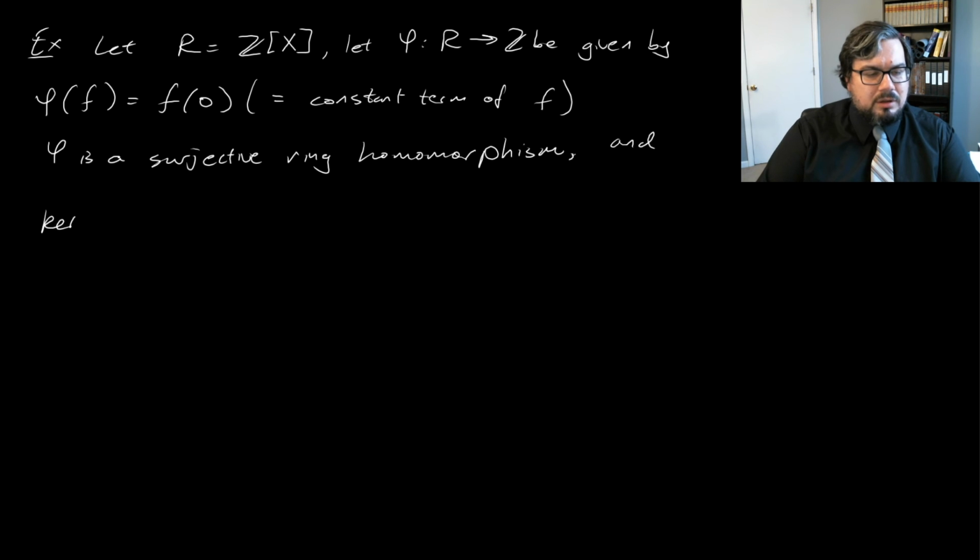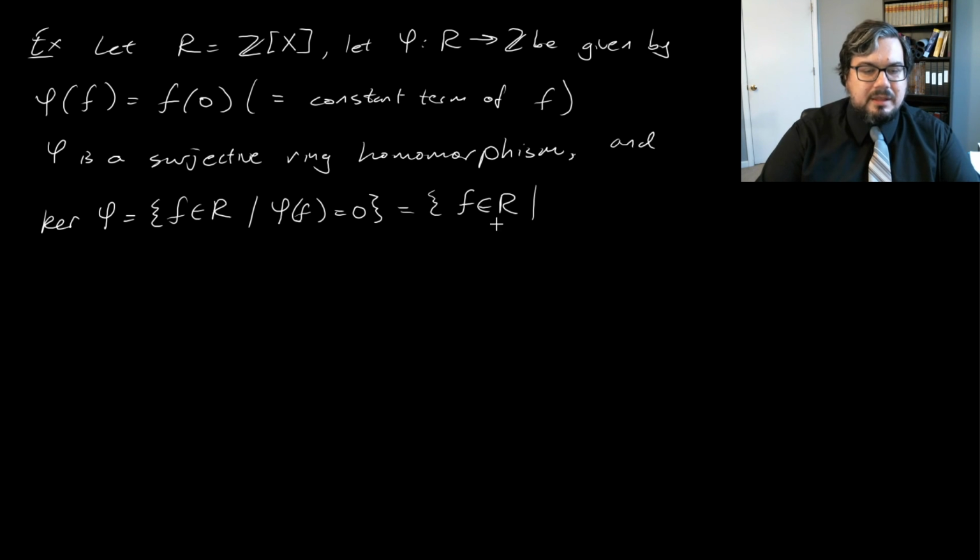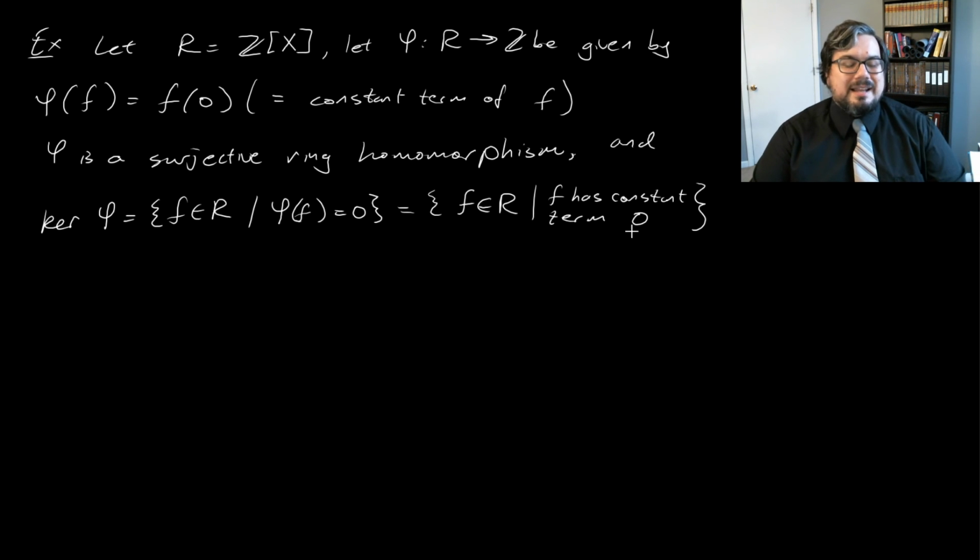So the kernel of phi is going to be the set of all f's in R such that phi of f is equal to 0. That's going to be the set of all f in R such that f has constant term 0, which means that every term of f has degree at least 1.